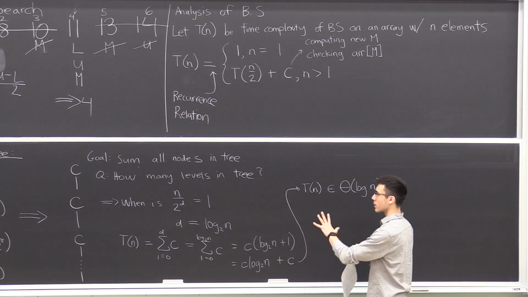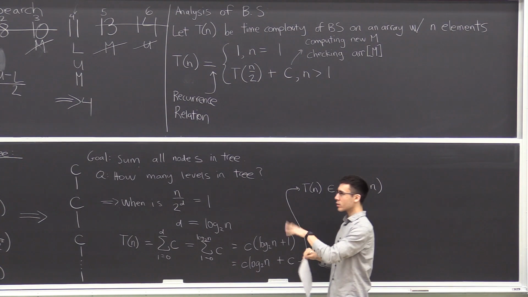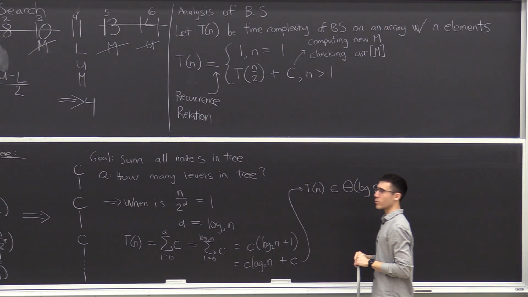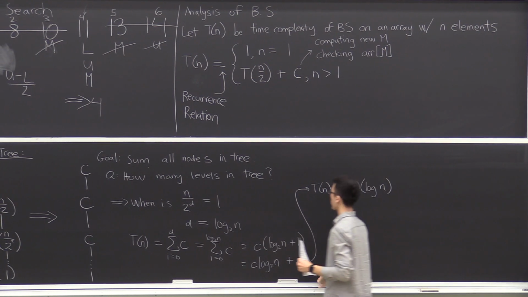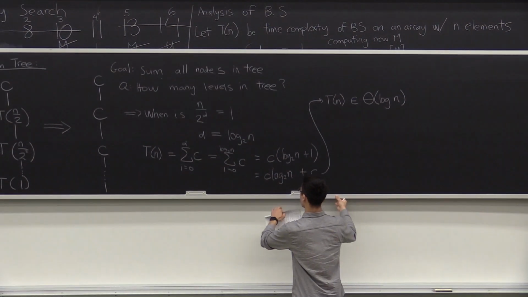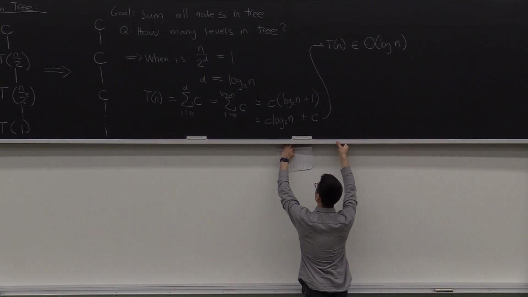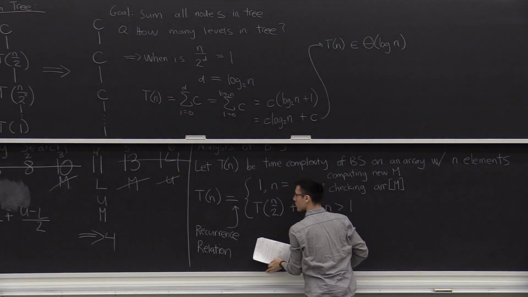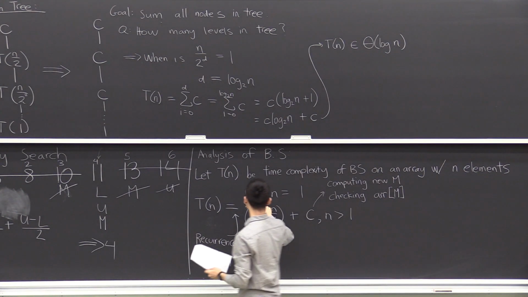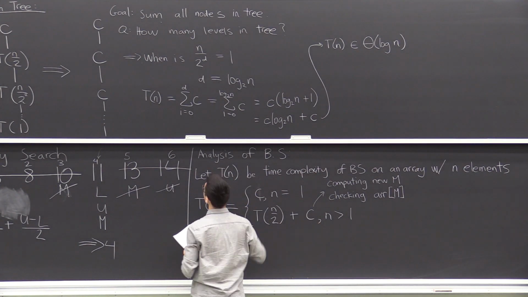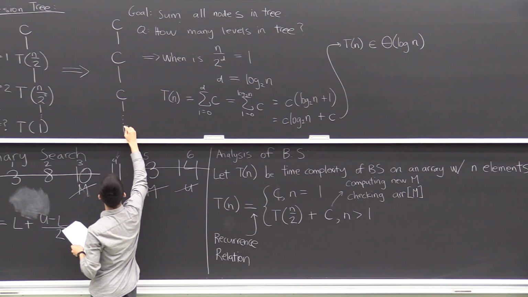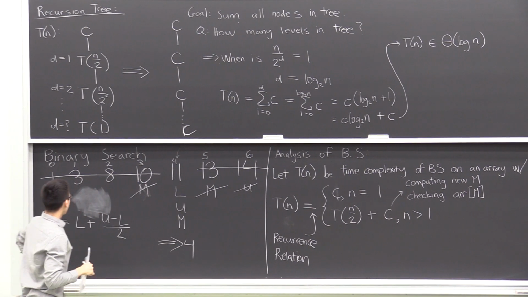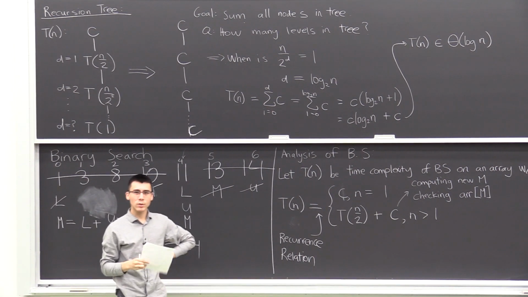So that is more of a rigorous proof to actually show what is the complexity of an algorithm like binary search. Okay, so let's just change that to c, change that to c. Okay, so that was binary search.